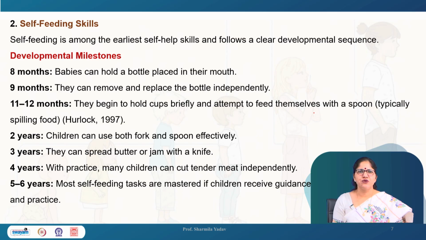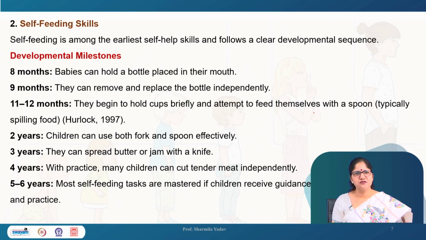At 2 years, children can use both fork and spoon effectively. A 3-year-old child can spread butter or jam with a knife. At 4 years, with practice, many children can cut tender meat independently.